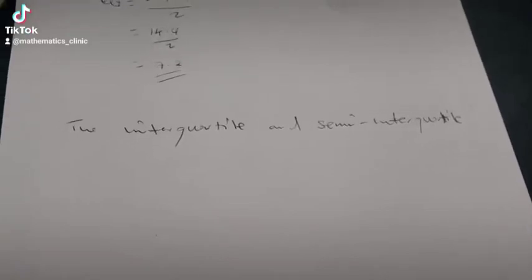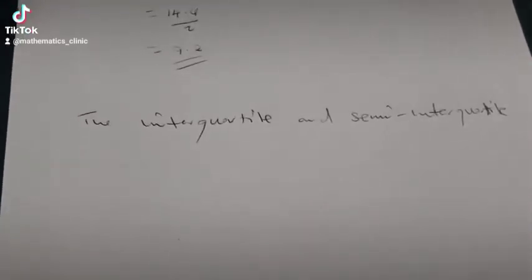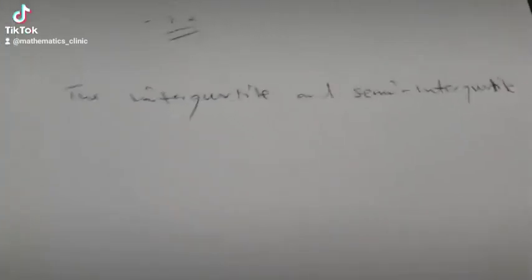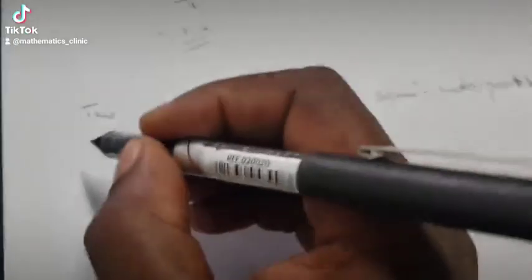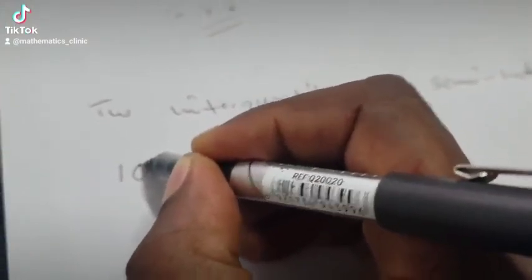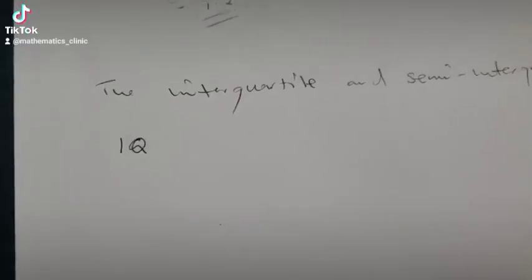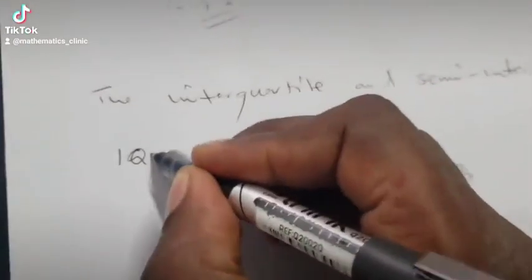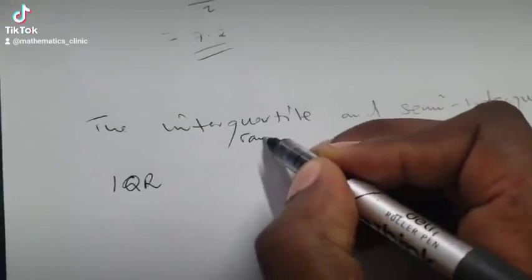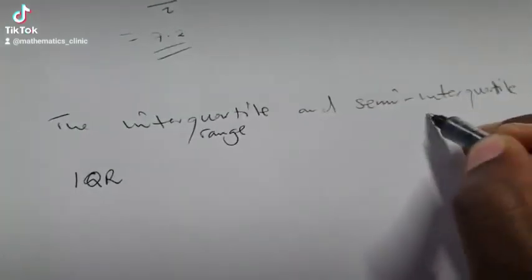Okay, let's go a step further. Now we have the interquartile and semi-quartile range. When you're finding the interquartile range, which is denoted by IQR, interquartile range, let me include range and semi-quartile range.